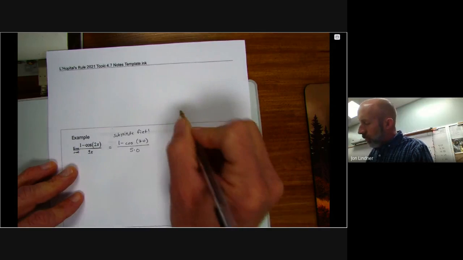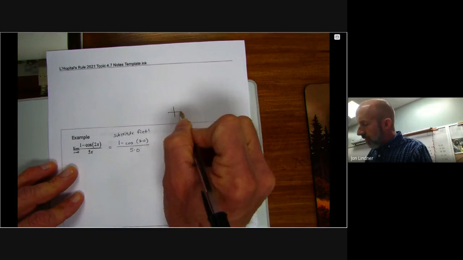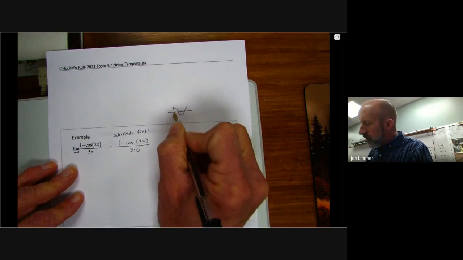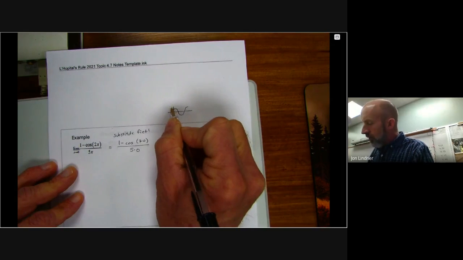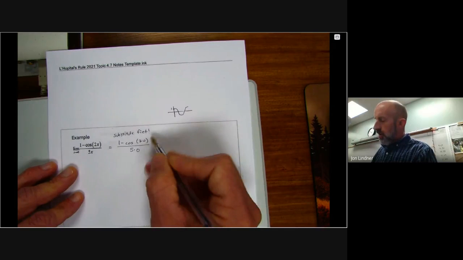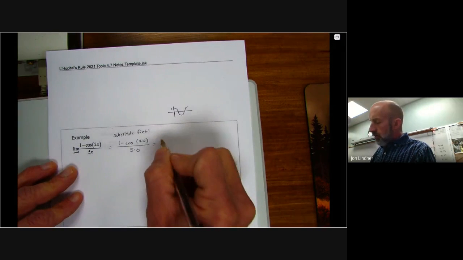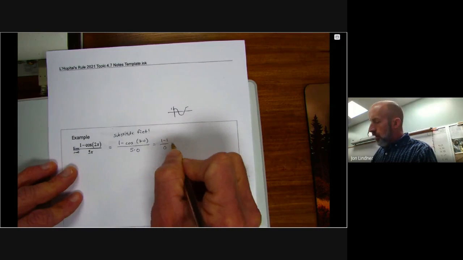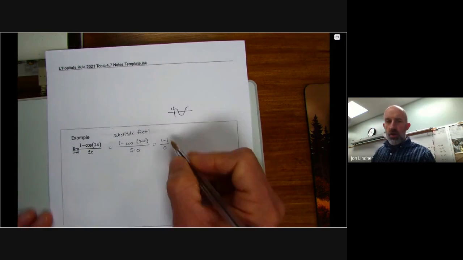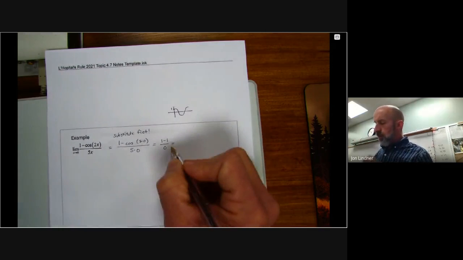The quick way to remember that is to draw yourself a quick little mini sketch of cosine. Here's 0, and here's 1. The cosine of 0 is 1. So I have 1 minus 1 over 0.